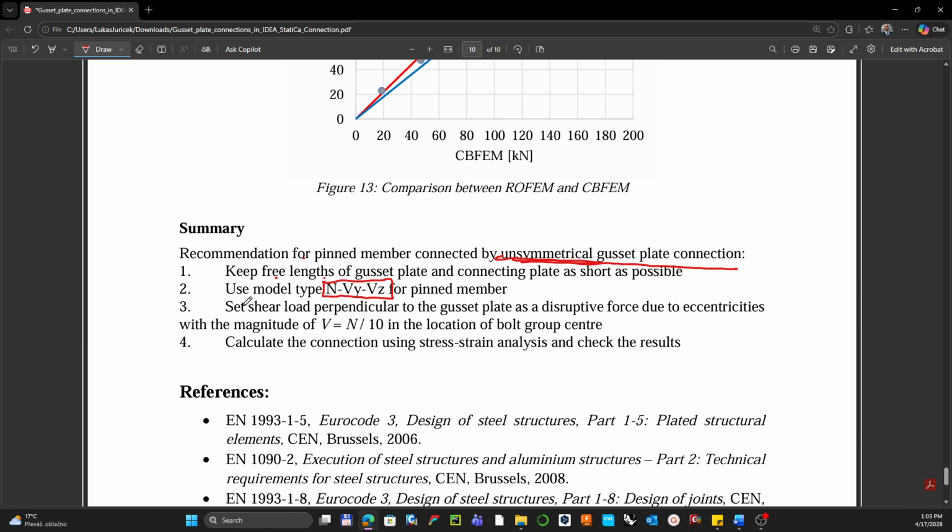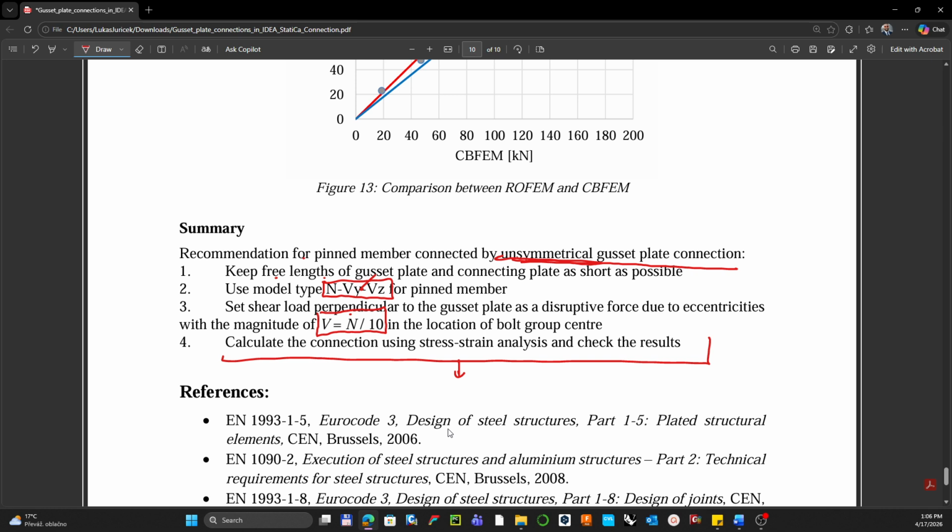To evoke some imperfections, eccentricities, and second order effects, use the recommendation that, in addition to your current shear force, you will add another shear force applied to the center of the bolts, equal to the normal force divided by 10, which is 10% of the normal force, and calculate stress and strain.